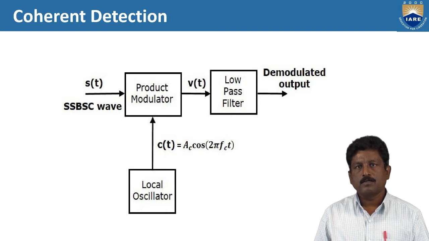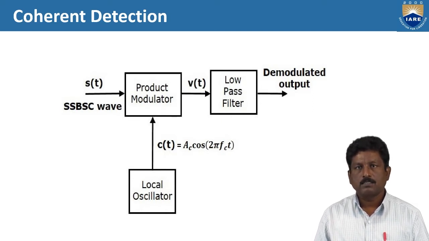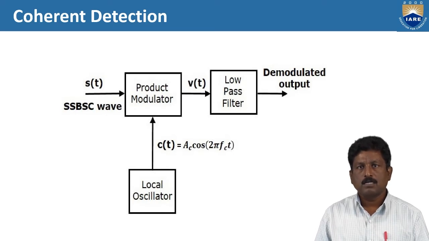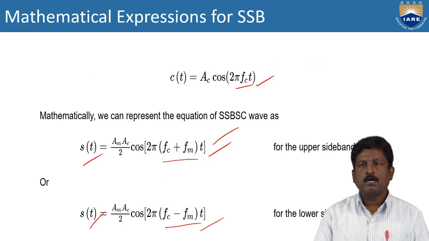Then coming to today's actual topic, one of the demodulation techniques for the SSB. Once the transmission, that is the SSB modulation, is over, the modulated wave S of t, which you have seen, may be the upper sideband or the lower sideband.